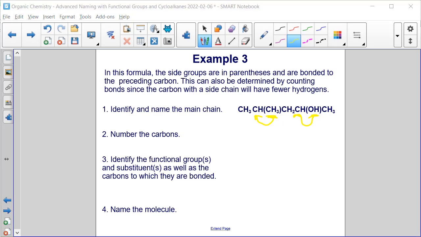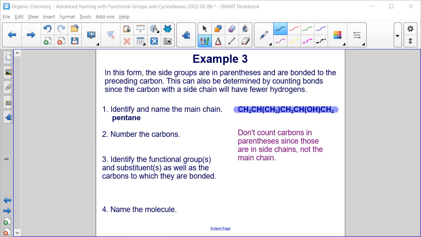So let's identify and name the main chain, keeping in mind that carbon in parentheses is not a part of our main chain. So we have 1, 2, 3, 4, 5 carbons in the main chain. All right, so a 5-carbon chain is pentane. Pentane.